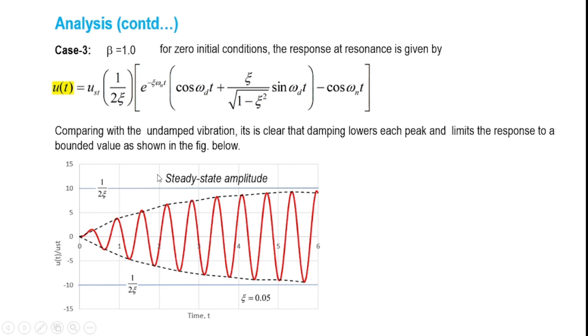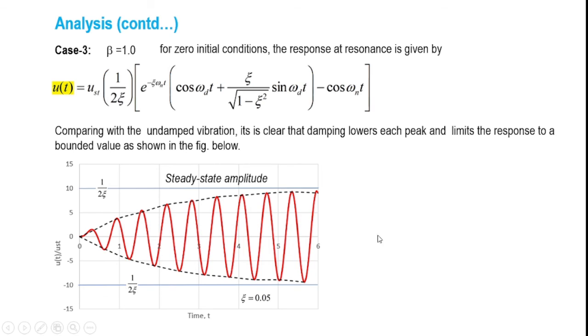That means if we consider a system with a damping ratio of 0.05, the steady state amplitude which happens after a few cycles of vibration will be nothing but u_st, which is P0 by k, into 1 by 2 zeta. 1 by 2 zeta is 10. That means in this case the peak amplitude will be 10 times the static amplitude.